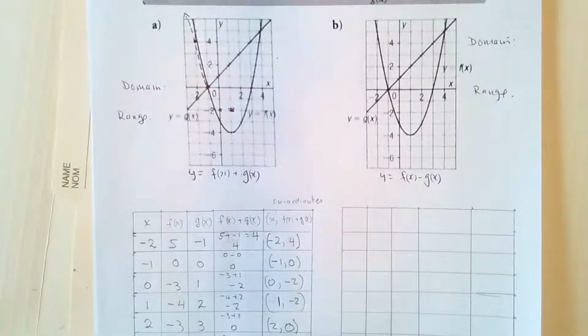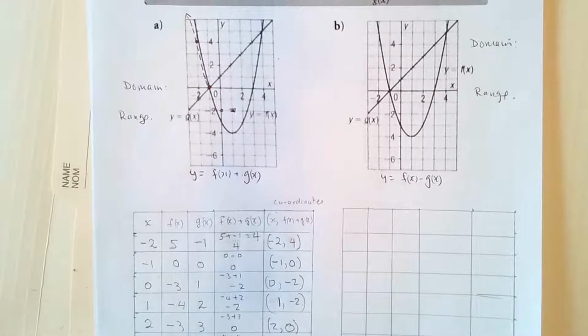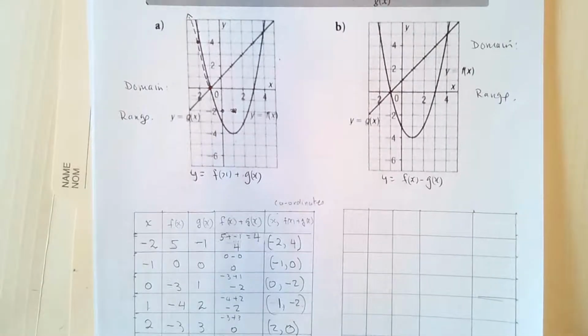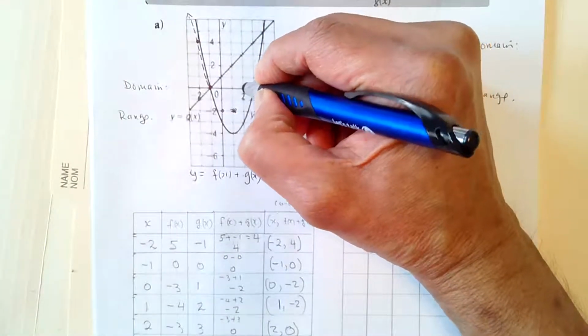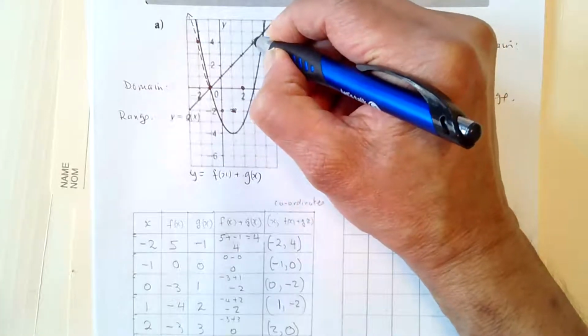So 0 plus 4 equals 4. So my coordinate would be 3, 4. I can put 2, 0 right here, and 3, 4.